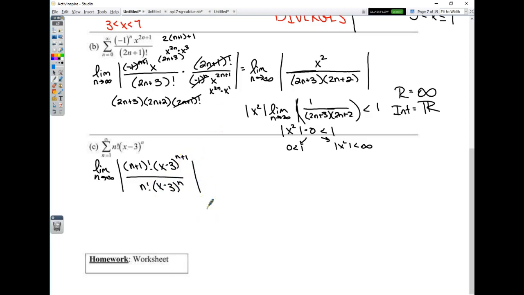Oh, there's no negative ones to cancel. All right, I'm going to skip a step here. I realize that I'm going to be left with an absolute value of x minus 3. You all good with that? And you can actually skip to that step. Limit as n approaches infinity of what? So these are gone. Now I've got n plus 1 factorial over n factorial.